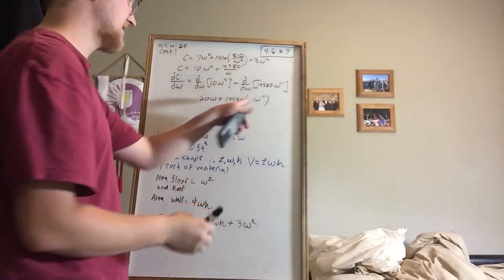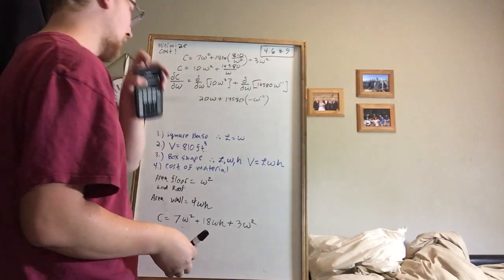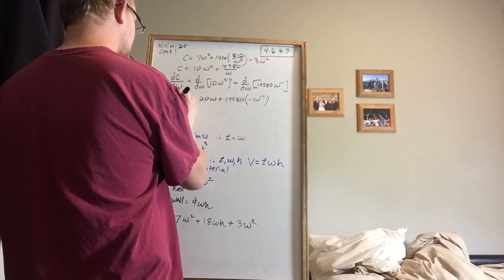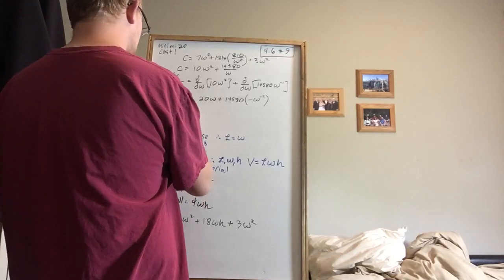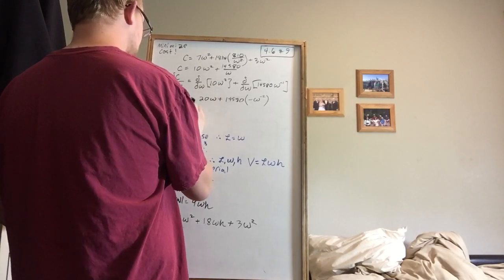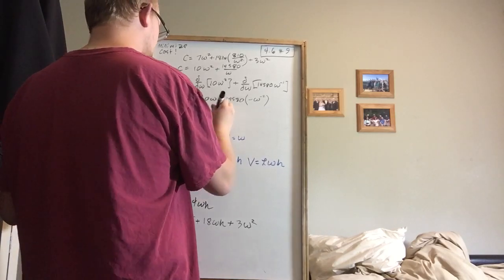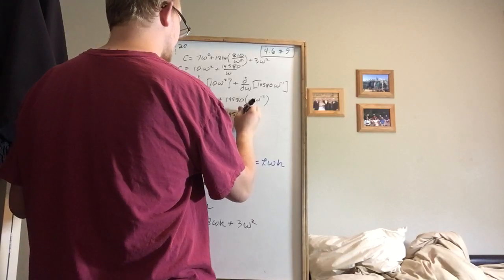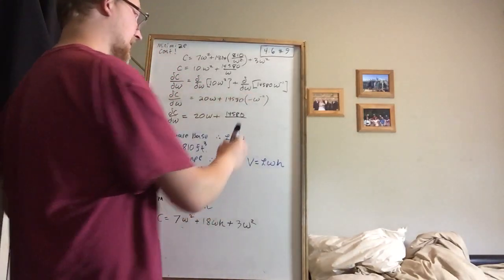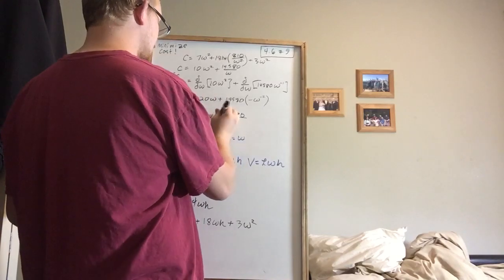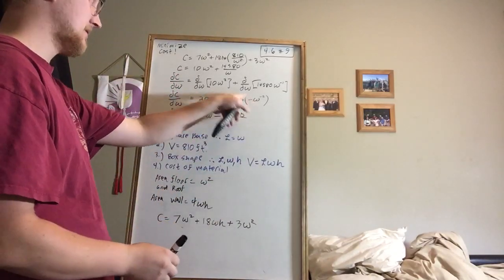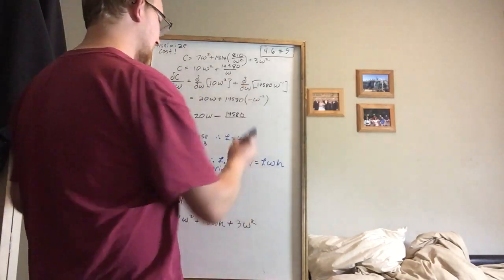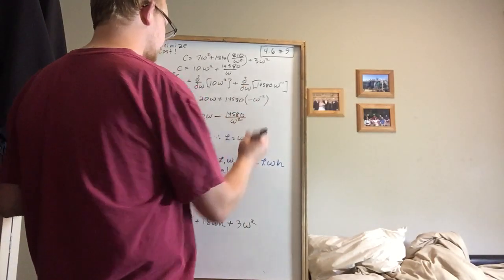If we rewrite this, our change in cost with respect to our width is now going to be equal to 20w minus 14,580 divided by w squared, because remember this minus is going to be factored out.